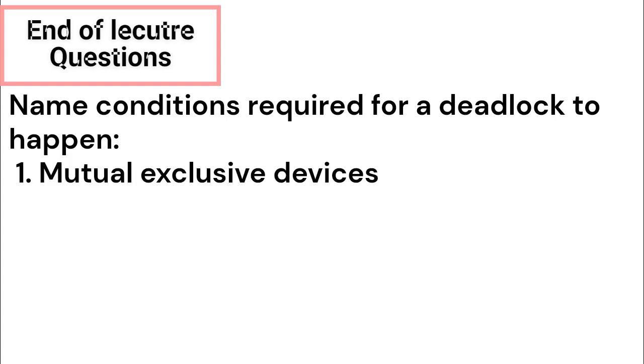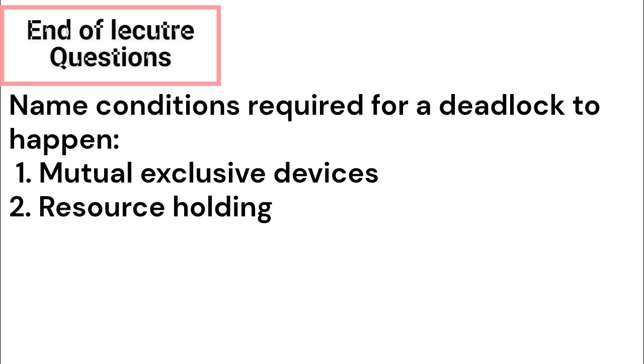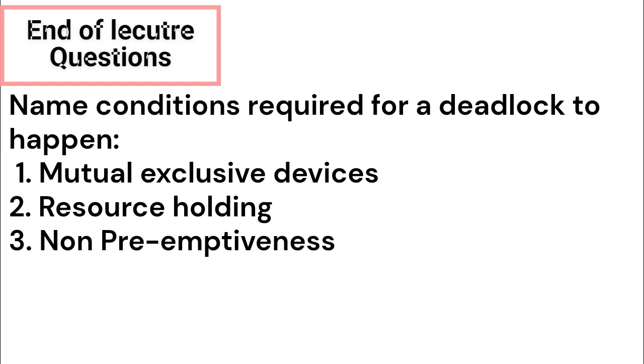That's number 1. Resource holding. Non-preemptive. You can go. Right, who's going to give me the 3 conditions? Mutual exclusion. Resource holding. And non-preemptiveness.